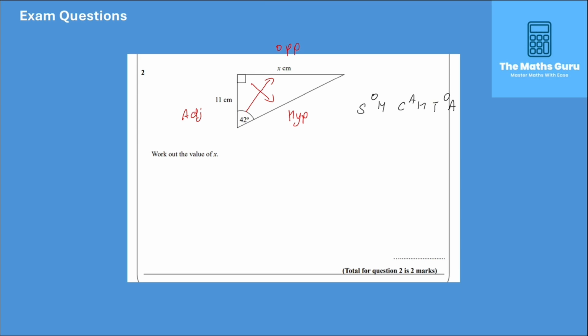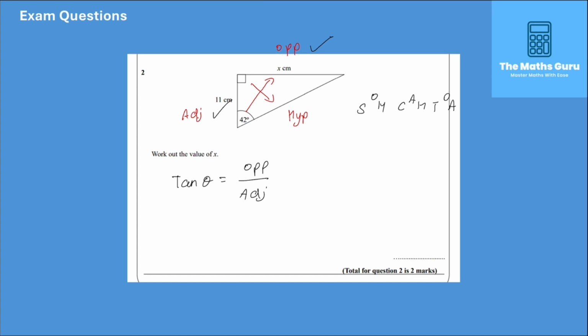So, working out the value of x, we need the opposite because x is our opposite side. We also need to use our adjacent because we know our adjacent. So, we need to use tan in this case. So, tan theta is equal to opposite over adjacent.